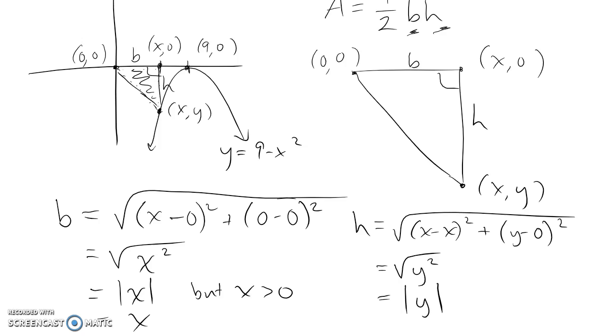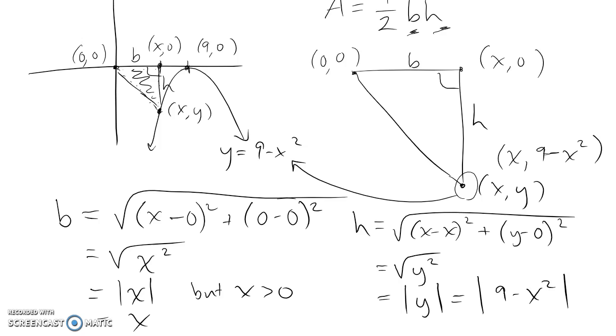Now, it's important to note that this x, y comes from the x in 9 minus x squared and the y, which is 9 minus x squared. So this point really, instead of at x, y, is at x comma 9 minus x squared. So I can substitute in for y as 9 minus x squared. So the height is the absolute value of 9 minus x squared.